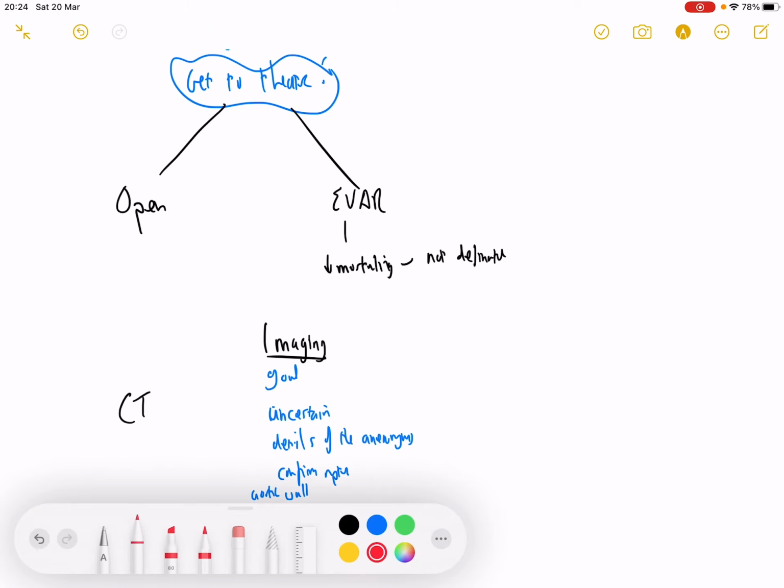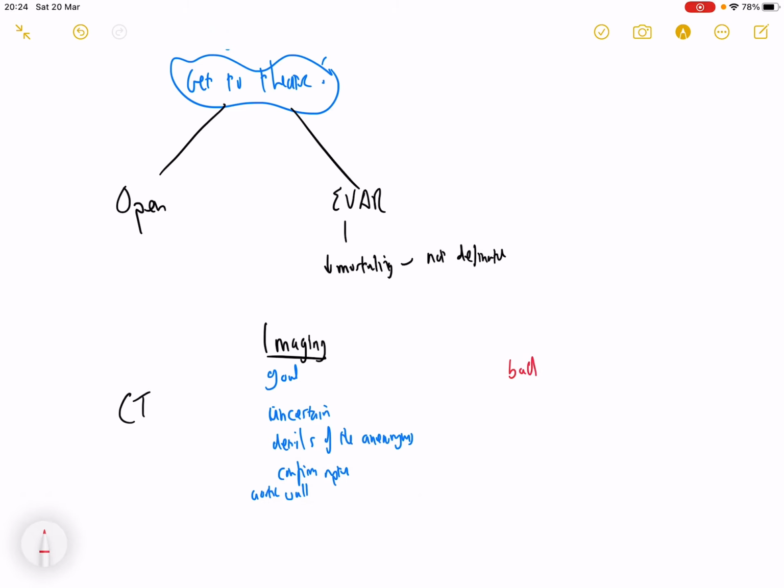But downsides, if they're hemodynamically unstable, then you're not going to do this, and it delays surgery. And giving contrast may damage the kidneys.